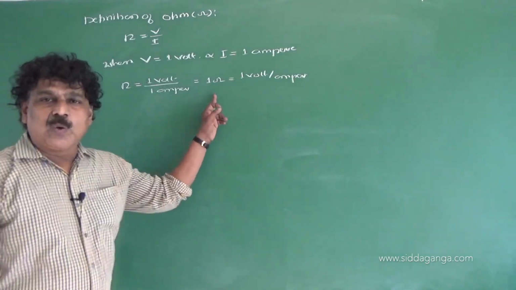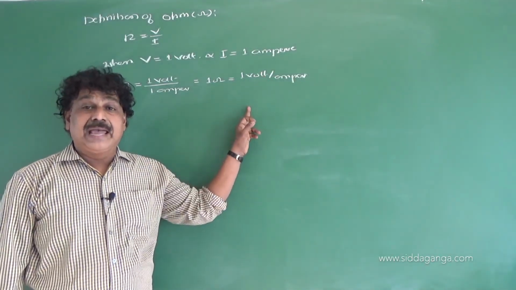That means 1 ohm is equal to 1 volt per ampere.